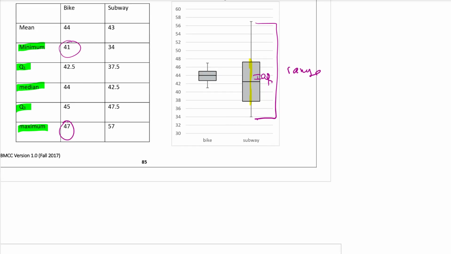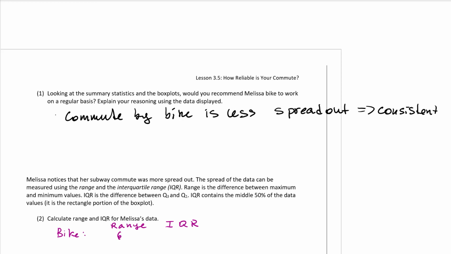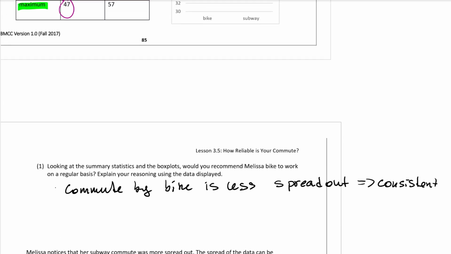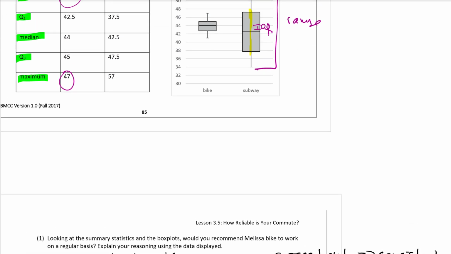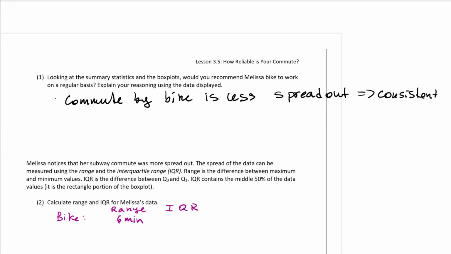If you subtract them, you just get 6. So 6 minutes is the range of her commute between the lowest and the highest. And the IQR, which represents the middle 50% of all the commute times, is the difference between Q1 and Q3. That's your IQR, and that's only 2.5 minutes.